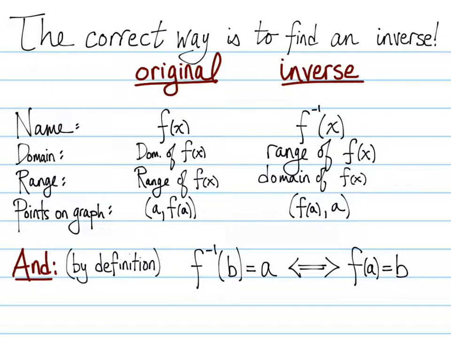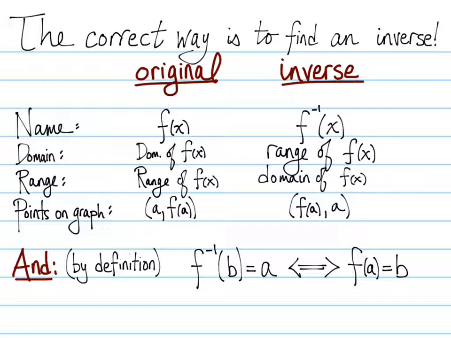And so here I have some facts about inverses. One is, if the name of the original function is f(x), the way you write the inverse is by putting a little -1 in the sky next to the letter f. That symbol is f inverse of x. The domain of the original function becomes the range of the inverse function, and the range of the original function becomes the domain of the other function.